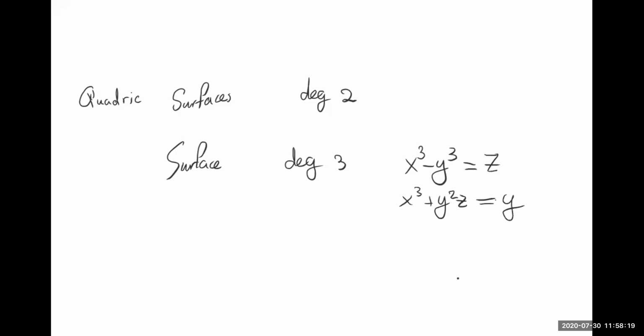Here the degree is 3, here it is 3, here it is 1. Or here the degree is 3, the degree of this term is also 3 because it's y squared and then z is 1, the total degree is 3, and here it's 1. So when I say degree of an equation, I mean the highest degree which appears in the equation, okay?